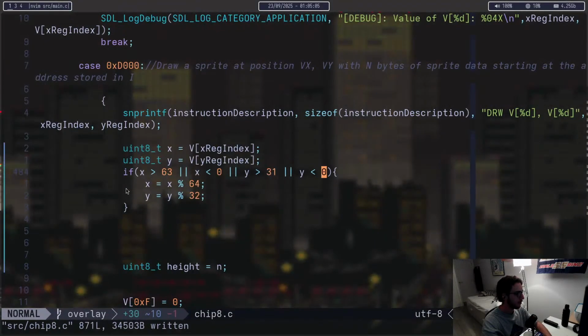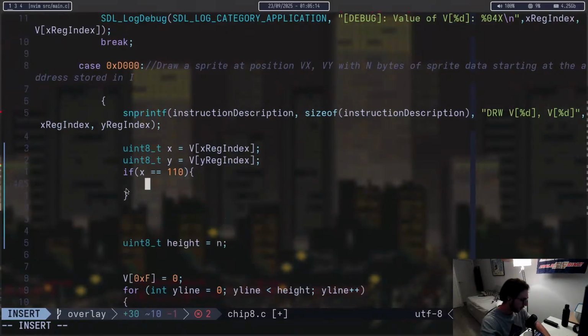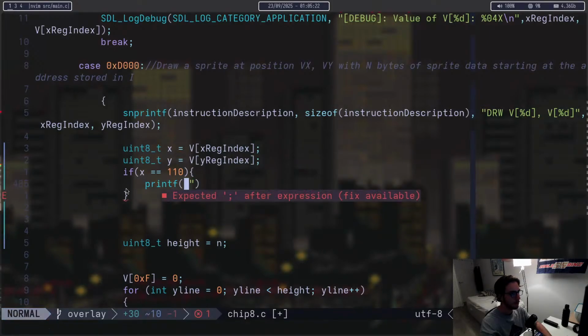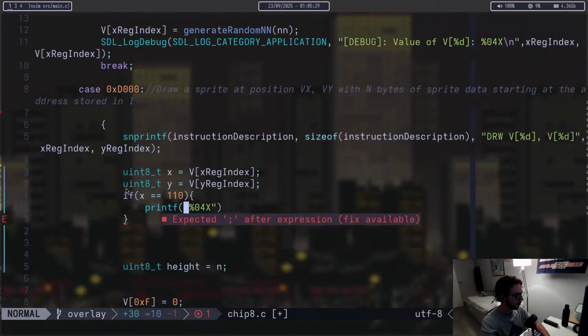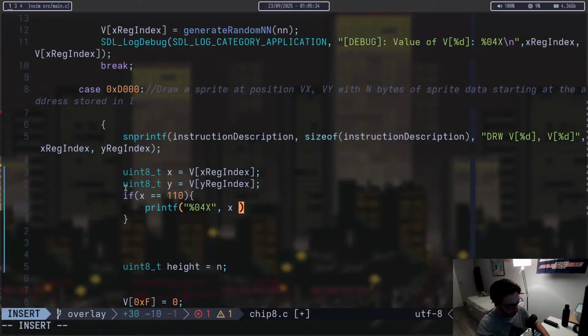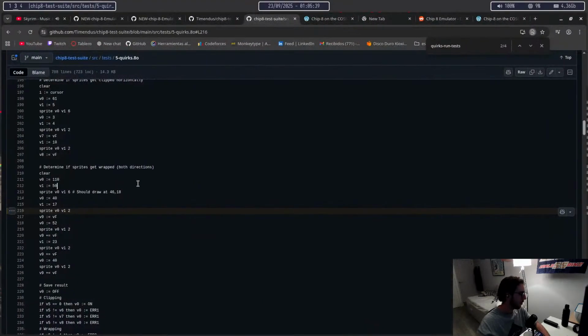Okay, so I guess I'll just say if x equals 110, then I want to print the result of what would actually happen. Okay, let me grab this one. X modulo 64. I mean, this should still work, but I don't understand anything.